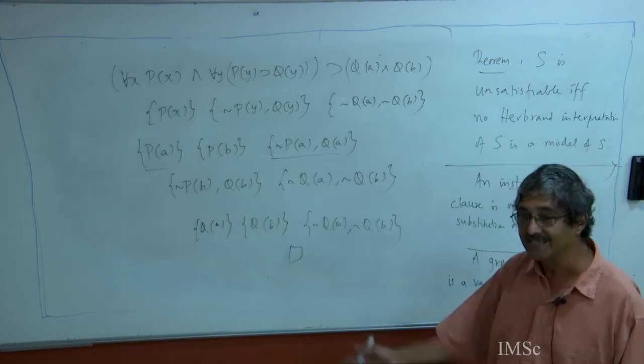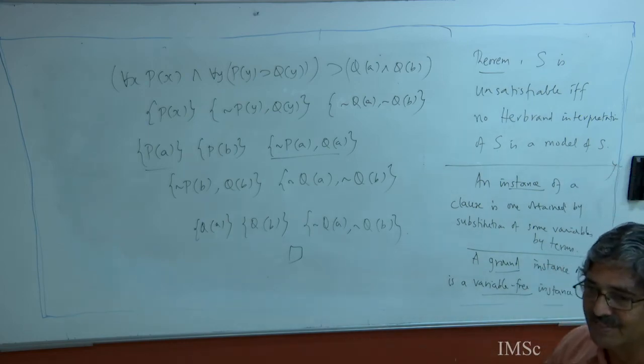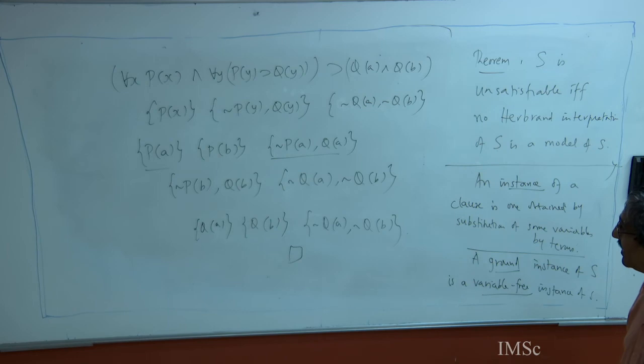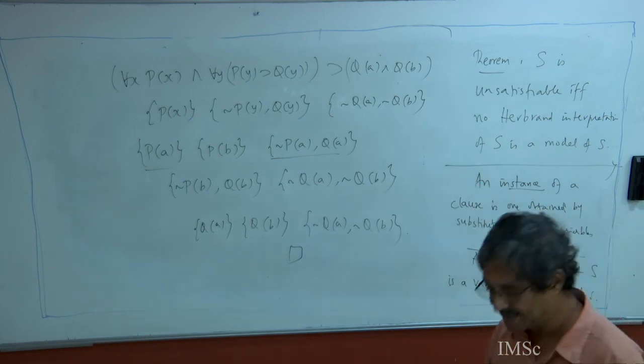As I said, resolution is something that Robinson gave later, but it's based on the proof idea of Herbrand's theorem. You refute this, use the clausal form, and then keep resolving until you get the empty clause, and that's a sound inference rule.